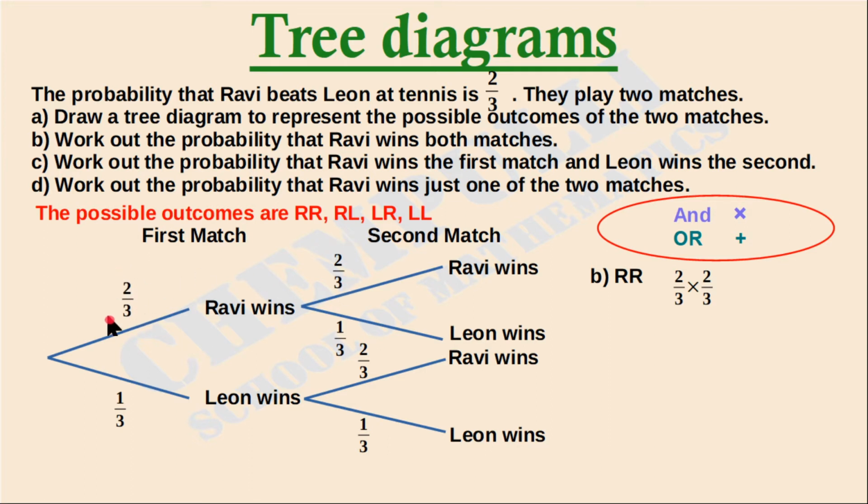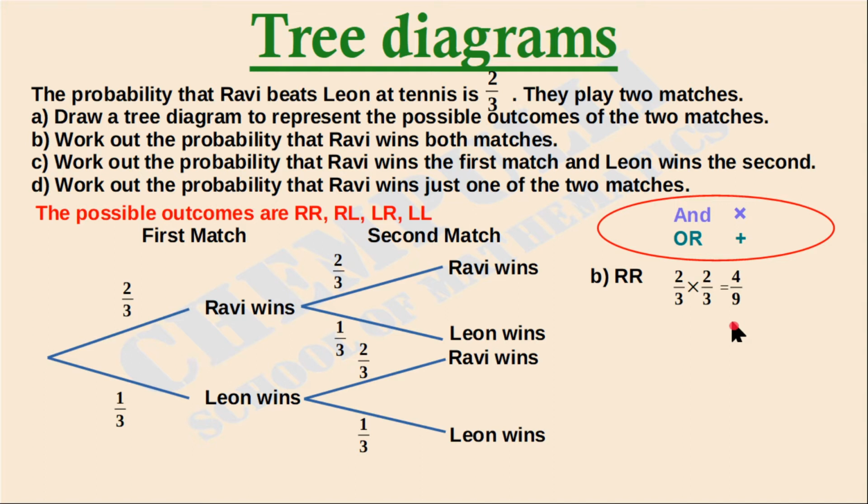This is the first 2 over 3, Ravi wins the first match, then Ravi wins the second match, 2 over 3. That is the branch RR. We can simplify that part, and we will get the answer 4 over 9.